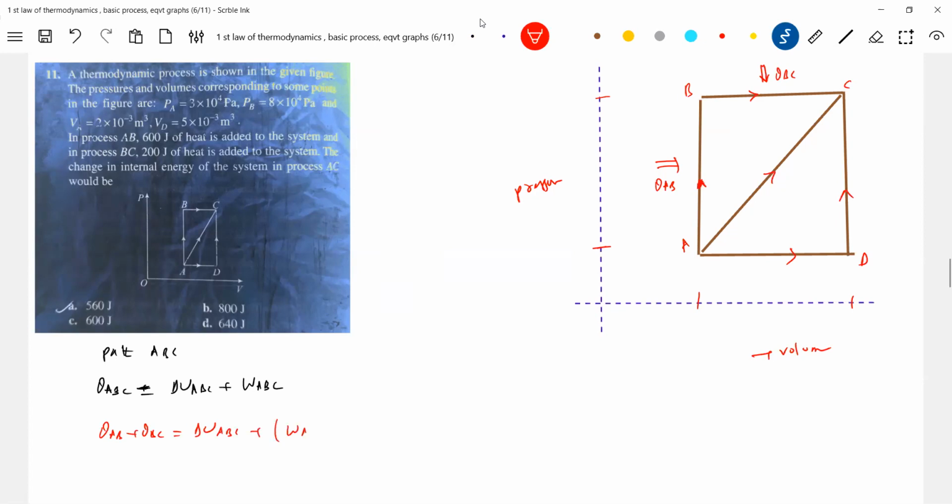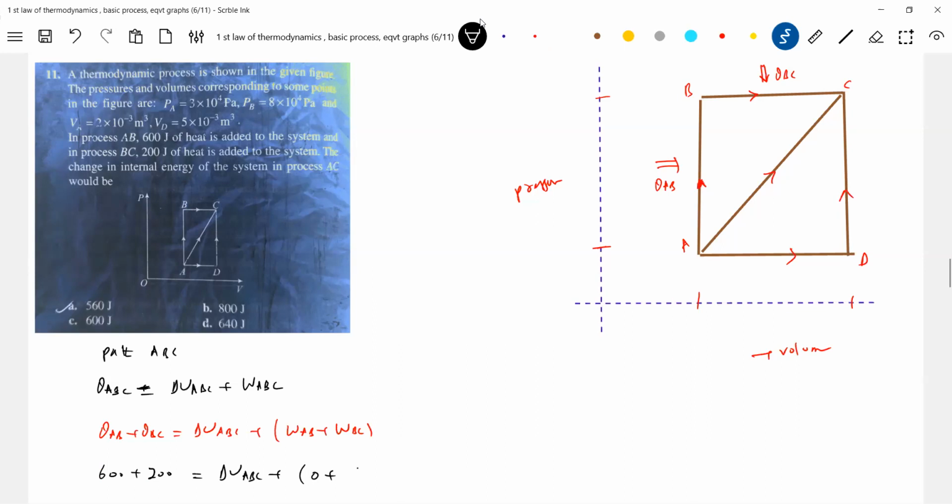This will break up into WAB plus WBC. QAB, we know it is 600. QBC is 200. Delta UABC, we don't know. WAB should be 0.